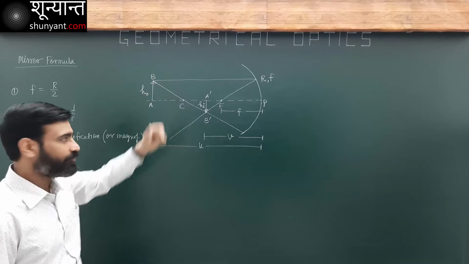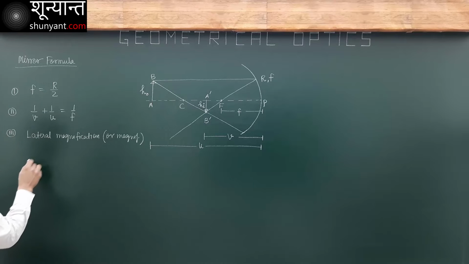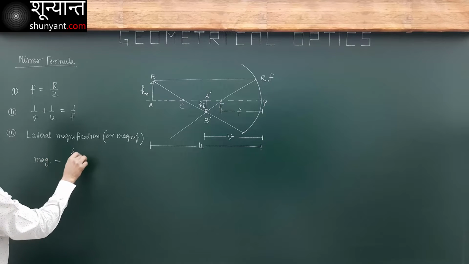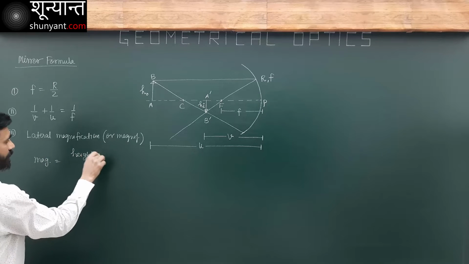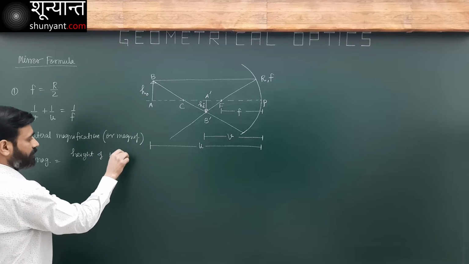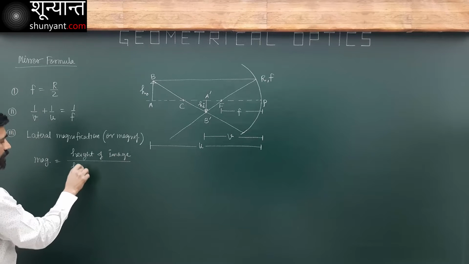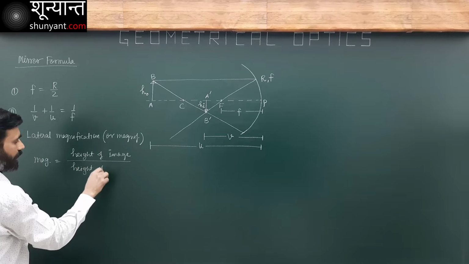For that, how do we define magnification? It is defined as M, magnification, is equal to height of image divided by height of object.